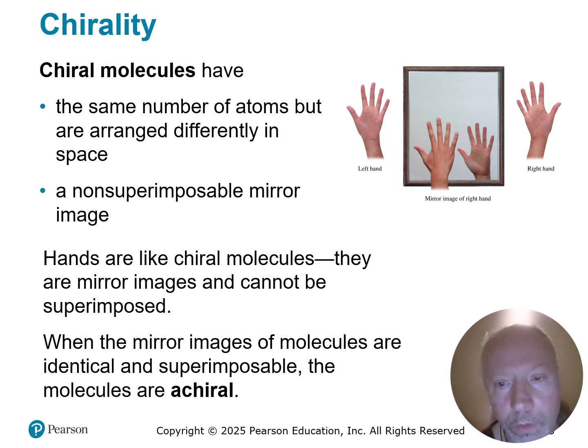Again, the same review with the hand analogy. When you have mirror images of molecules that cannot be superimposed, and hands are a good example, they would be chiral. But if you have a mirror image of molecules that are identical and they can superimpose on each other, the molecule will be achiral.